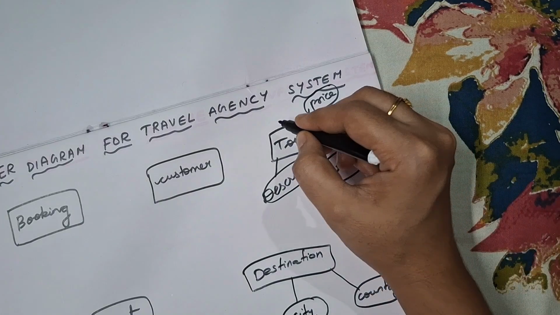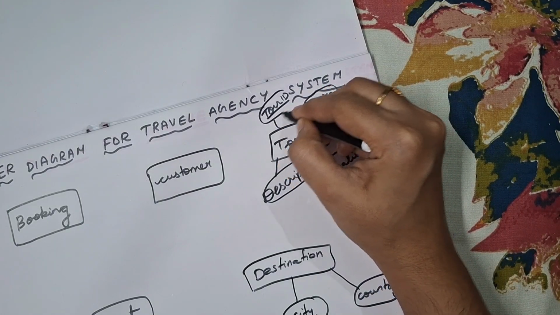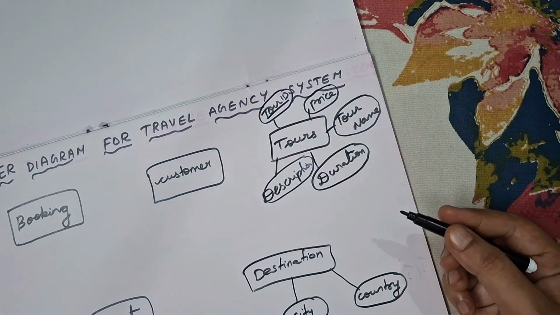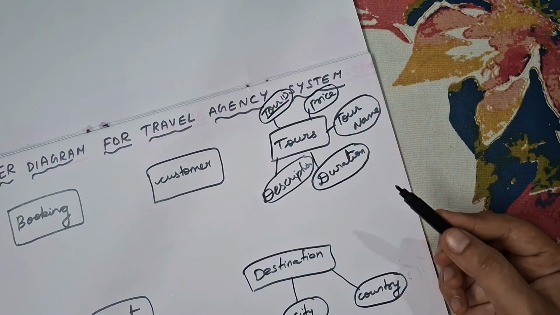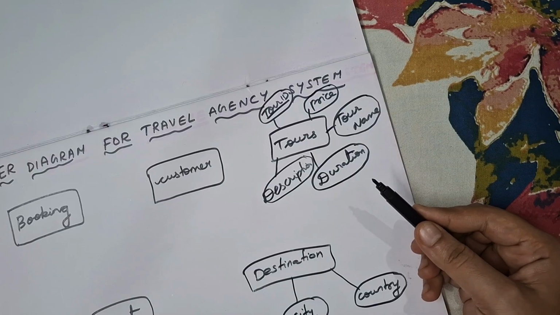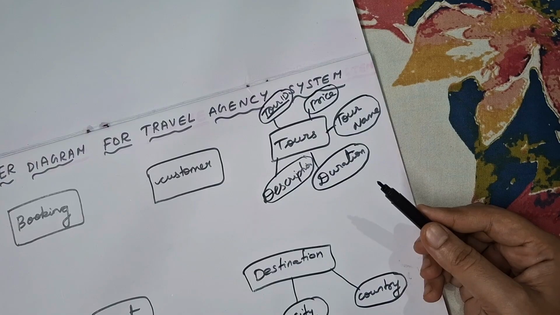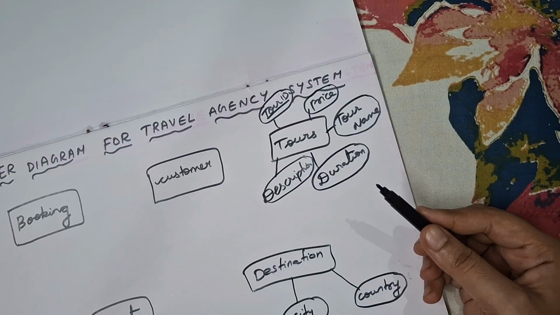Next, lastly, the tour ID. This must be underlined and should be written inside the oval shape because it is a primary key. Tour ID is very important because now if you are going on a trip to Dubai, that Dubai trip details will have a separate tour ID. Now next you want to go on a trip to Pondicherry. Then that Pondicherry package will have a different tour ID.